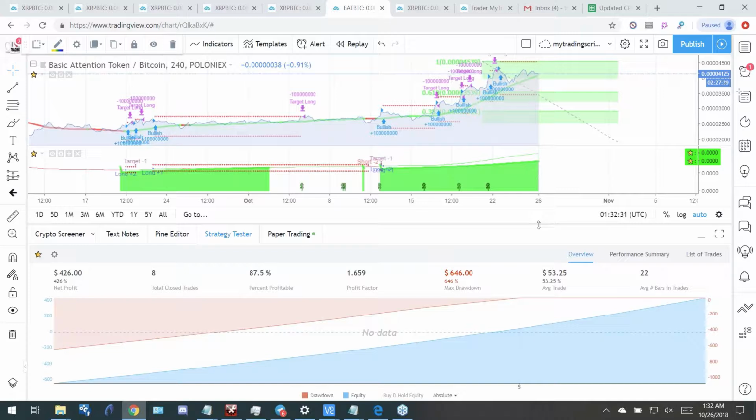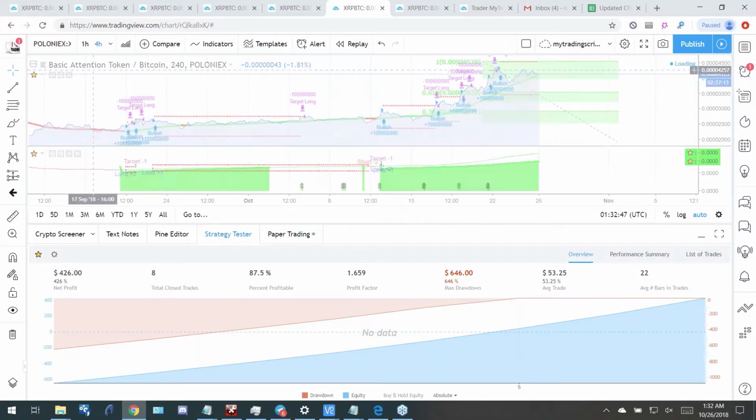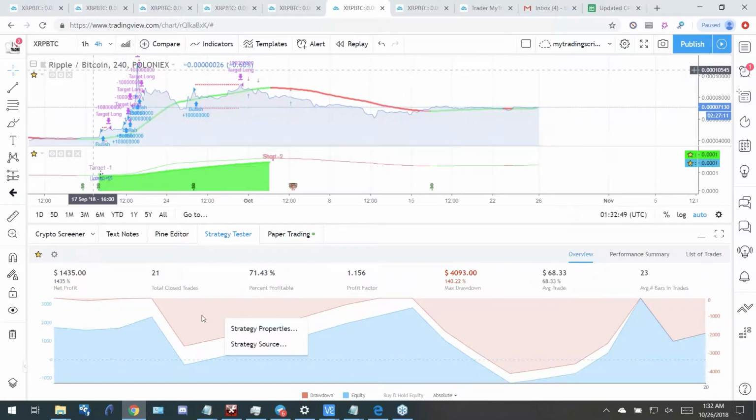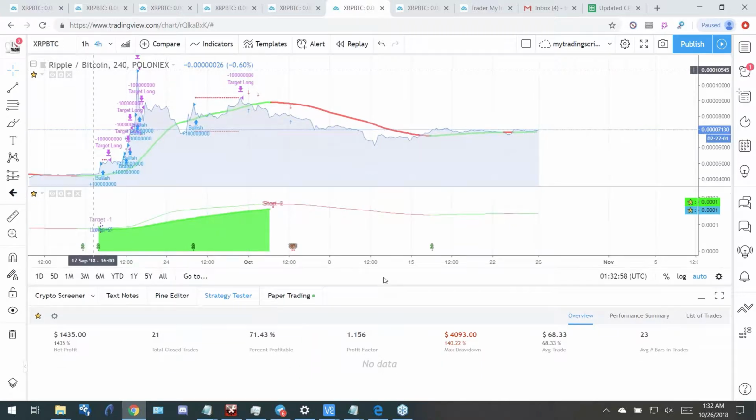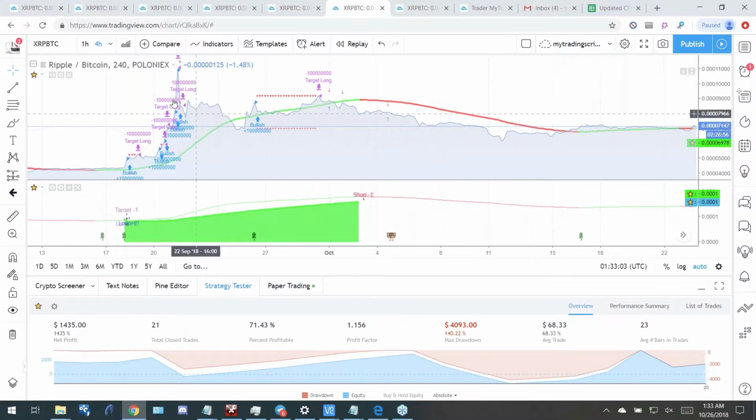When you see that star, that is his bot, his software. The beauty of this is that the bot's using the same software that you're seeing applied to this chart. The strategy tester would have alerted the same trades for your bot to activate. So Joe, can you put the chart up for Ripple so he can see what it would look like if you were invested in Ripple? We'll go through the strategy tester to show that.